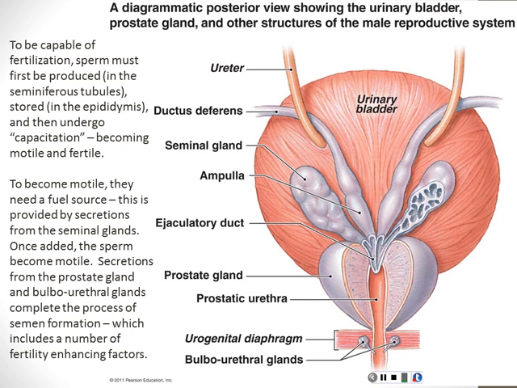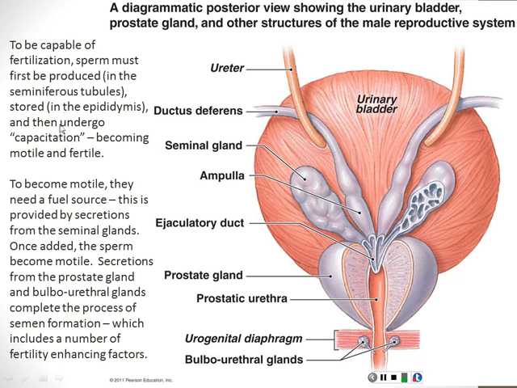Capacitation is the process by which sperm actually become fertile and mobile. This was discovered in work with in vitro fertilization, where you take an egg from a donor or a patient, and sperm from a donor or a patient, and you put them together in a petri dish, so to speak, and then you take the cell that results and implant it.